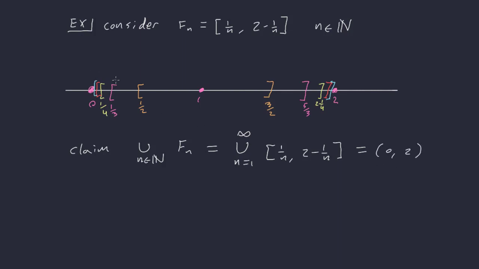Because we're getting closer and closer with closed sets, but we never actually get to 0, and we never actually get to 2. Let's see if we can prove this claim. Okay, so the first part is this infinite union, which I'll just call capital F, like I've been doing.